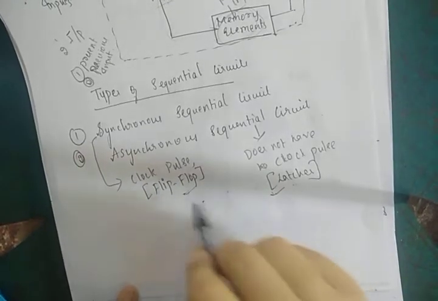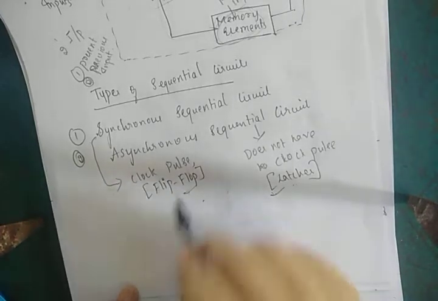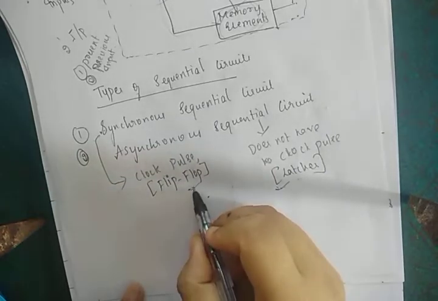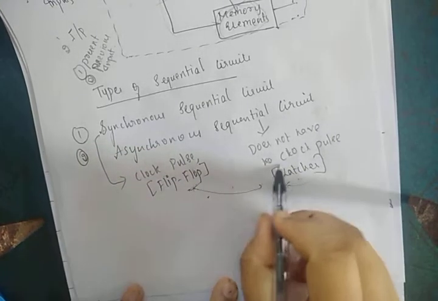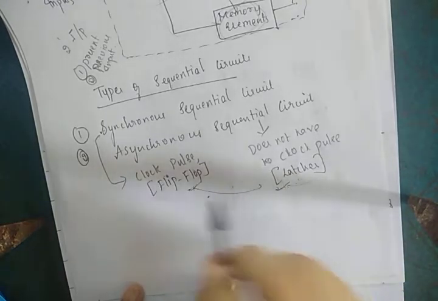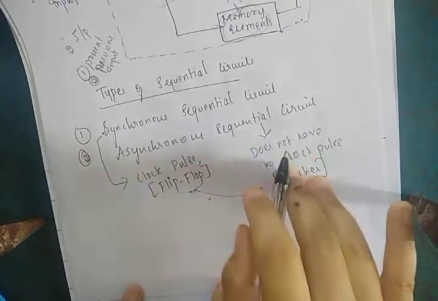I'll be discussing both: what a latch is, how it is defined, and what a flip-flop is. Flip-flops are dependent on latches, because whatever logic diagram I show for a latch is similar for the flip-flop. The only difference is that here the clock pulse is present, and here it is absent. That's it.